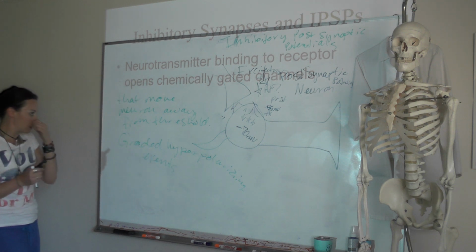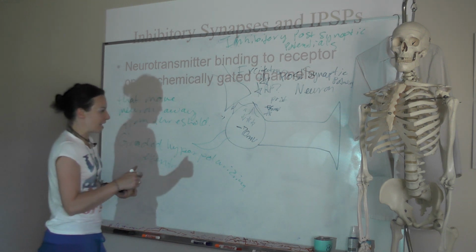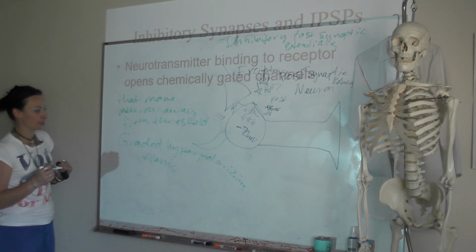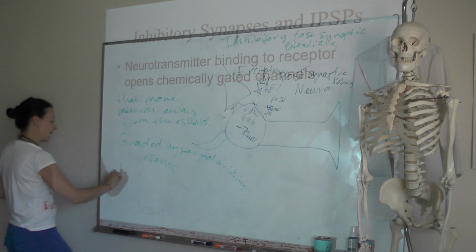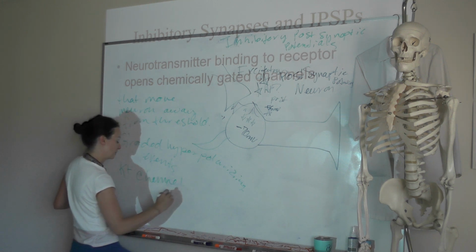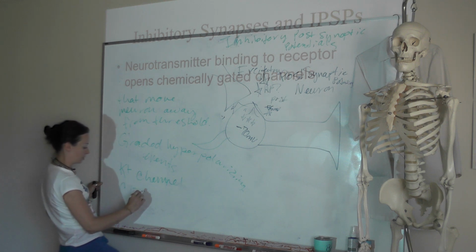So we actually have two types of channels that can be opened to cause an inhibitory postsynaptic potential. We can open a potassium ion channel, and we can open a chloride ion channel.